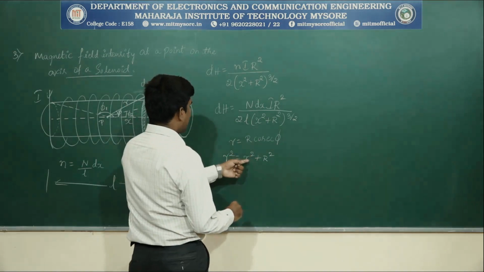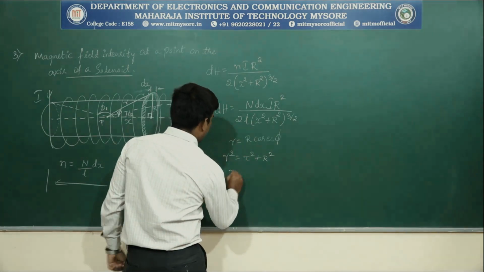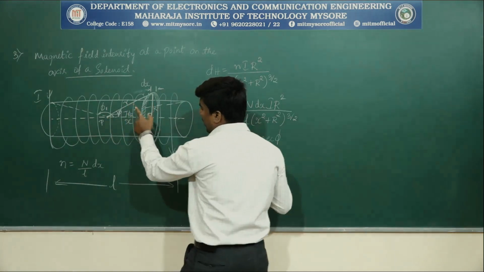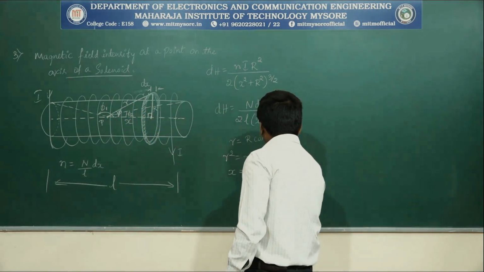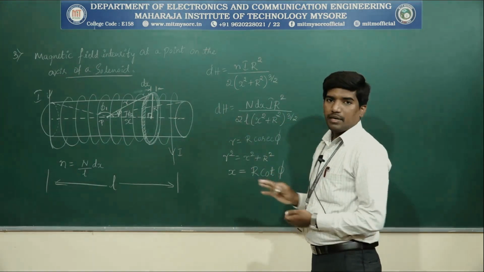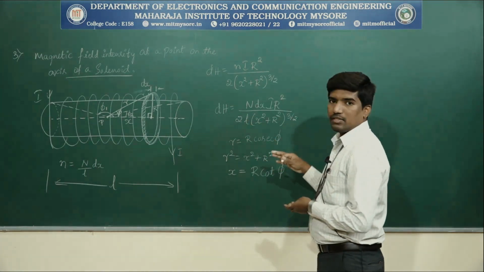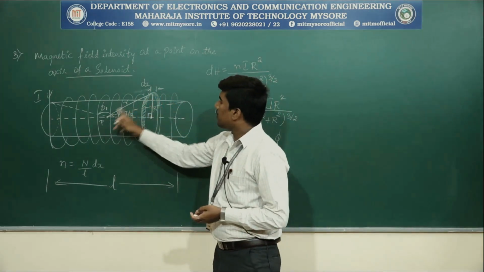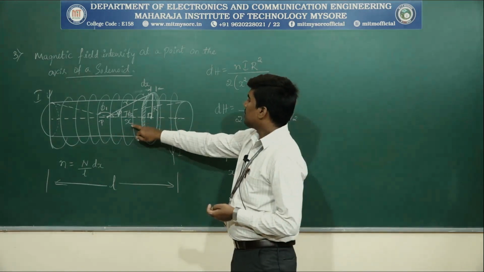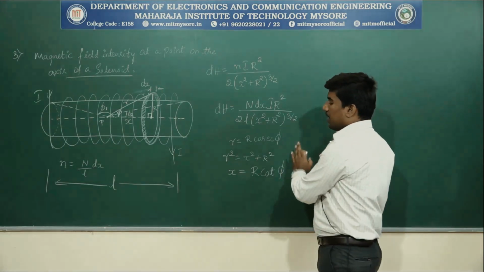Then what about x? By looking at the same right angle triangle, x can be written as R cot phi. You need to remember all the trigonometric identities of a right angle triangle, okay? We cannot keep on telling the same things. The hypotenuse of this right angle triangle is R cosecant phi, and this side x is R cot phi, by using trigonometric identities.